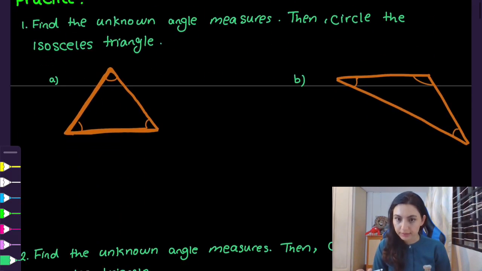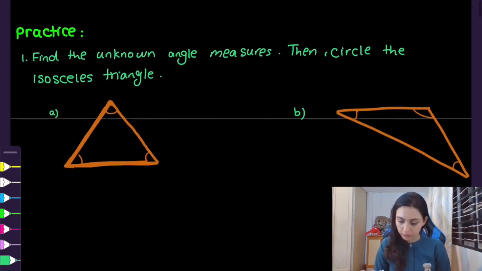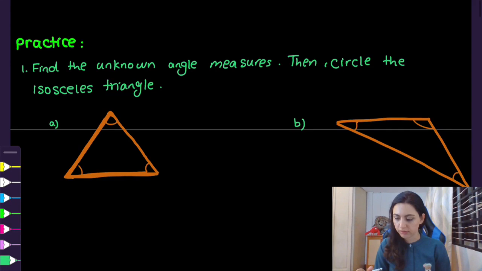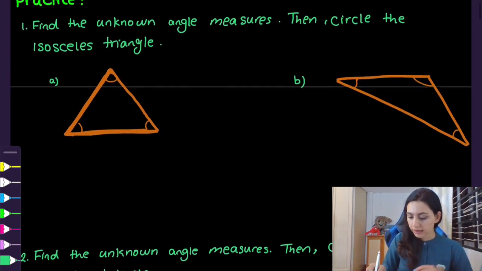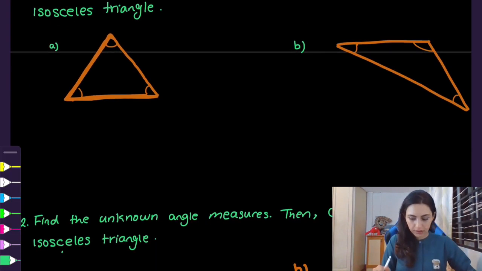And one of the practice questions that we had is: find the unknown angle measures, then circle the isosceles triangle. So for part A, I did not write the angles, so we can do it together.